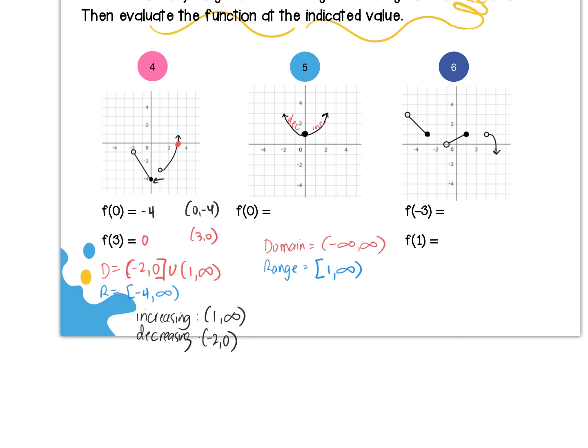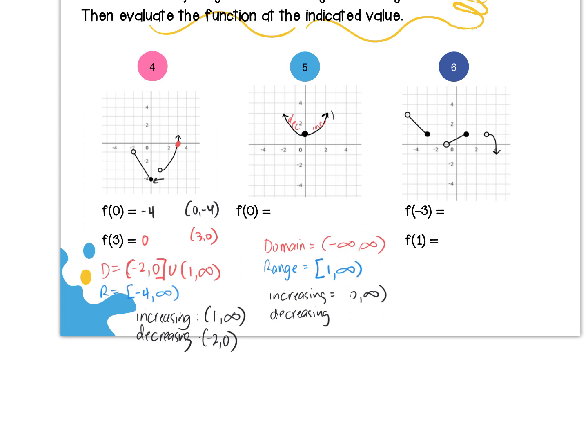My graph is increasing, and decreasing. Let me start with increasing, right? It's increasing on this right side from 0 to infinity, okay? So this one's a little bit different than the domain. It doesn't exactly match it. And it's decreasing, okay? And 0 is included, actually. Oh, no. For increasing and decreasing, we don't do brackets.